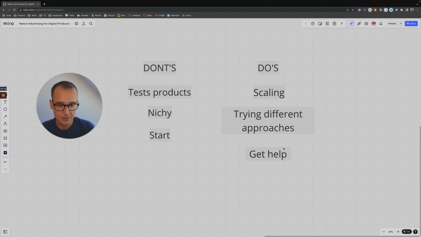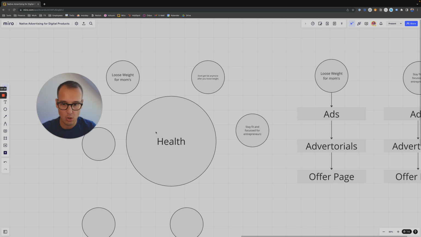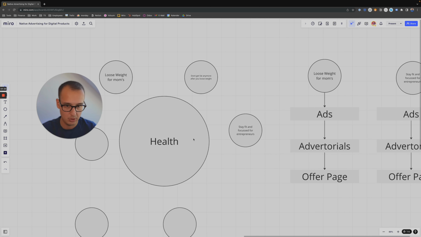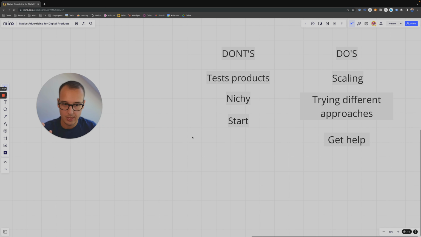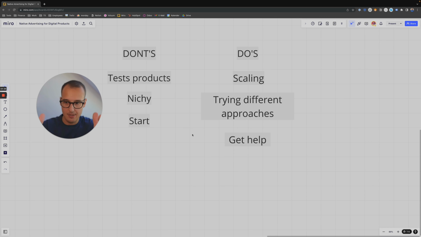So get help from somebody who is familiar with native ads, who did something like that already multiple times successfully, so that when you give it into the hands of this guy, for example, and it's working, then it's working. But don't try to figure out if the guy really can deliver results or not, or don't try it by yourself, because there are almost zero resources out there for native ads.